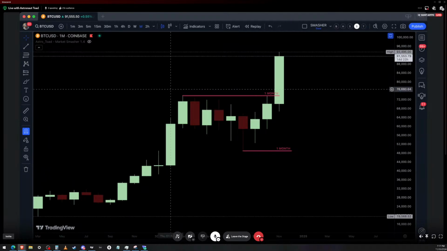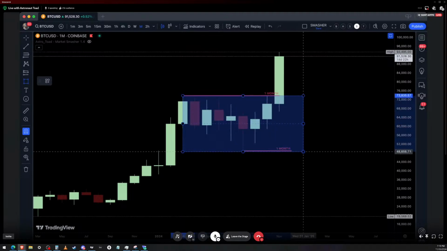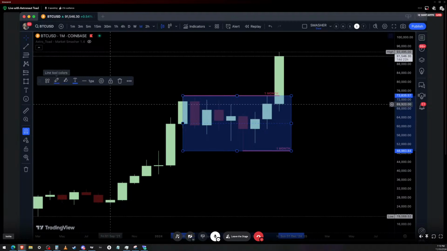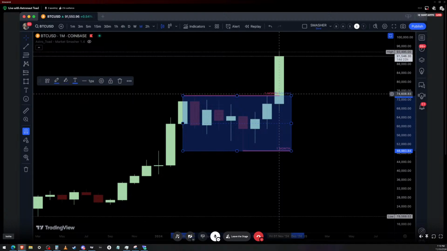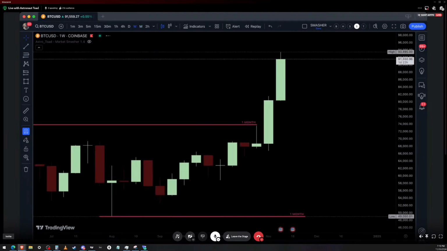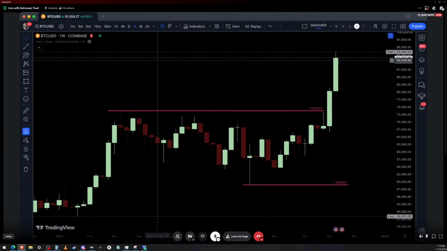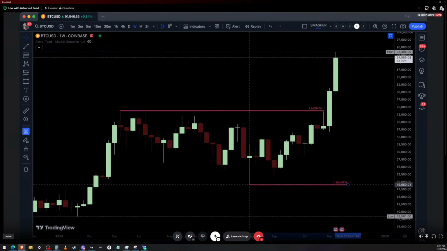This whole box is your range for this time frame. You are stuck inside this range. This breaking above it is a break of structure. But there's nothing to do, because even on the weekly chart, let's look at this on the monthly.